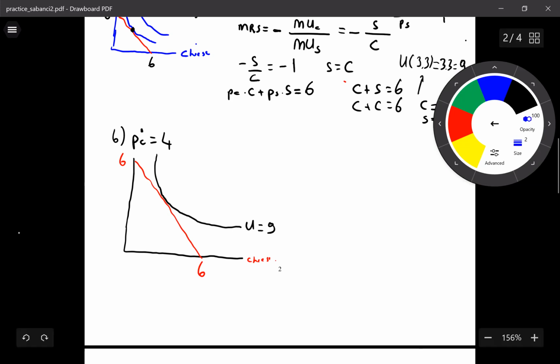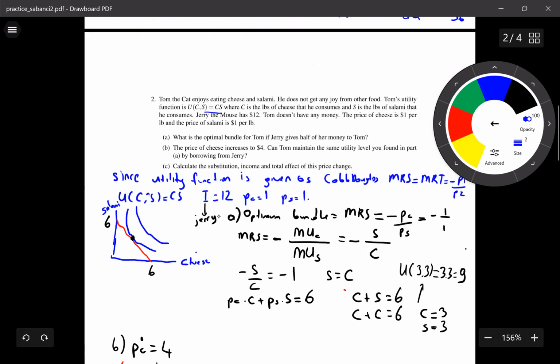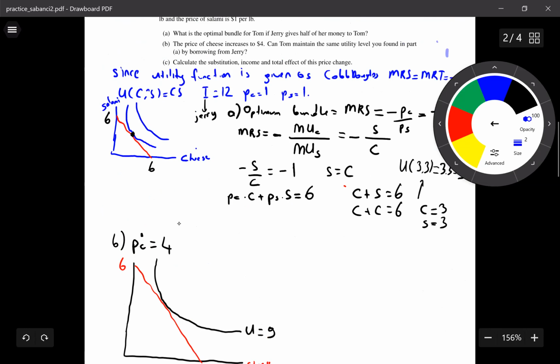Then the slope of the budget line changes.